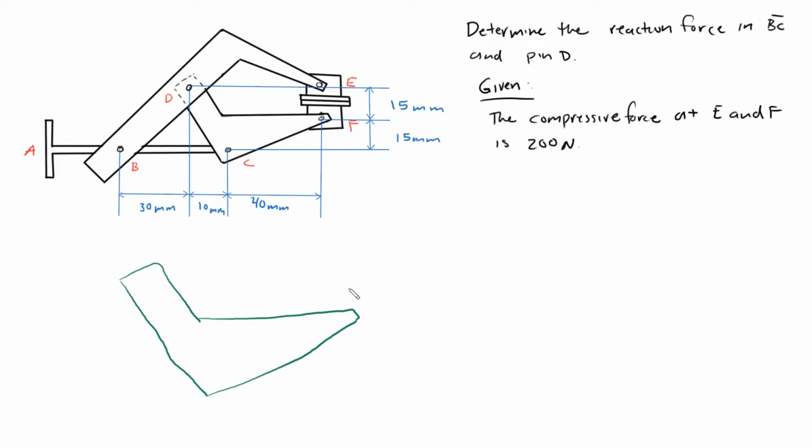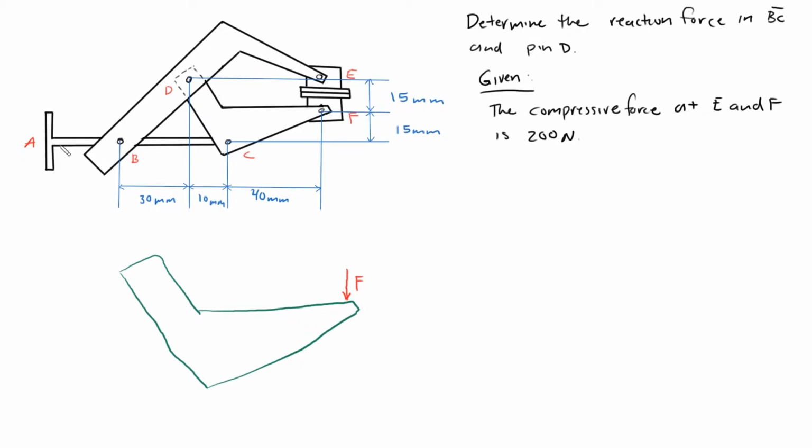The compressive force is going downward here, and we know that when you push on this handle over here, you're only causing a horizontal force on C. So if you draw the line of action of each force, these are perpendicular to each other.